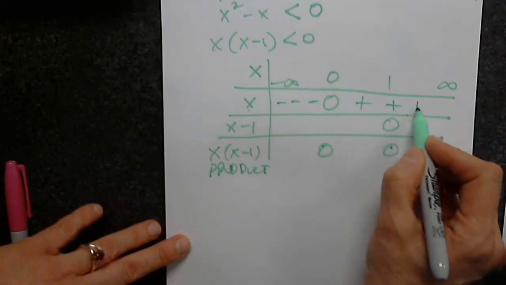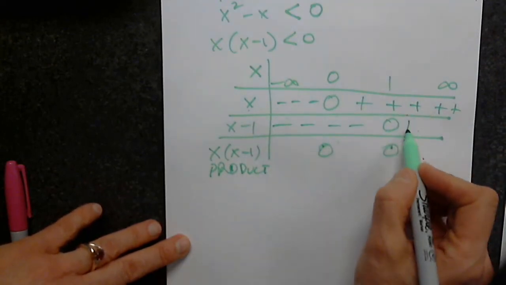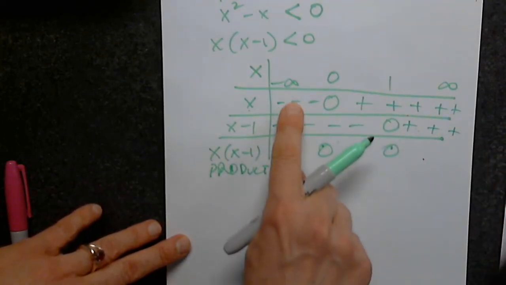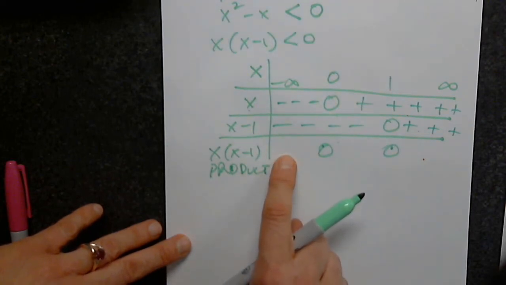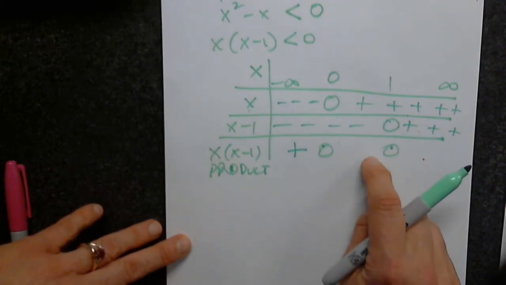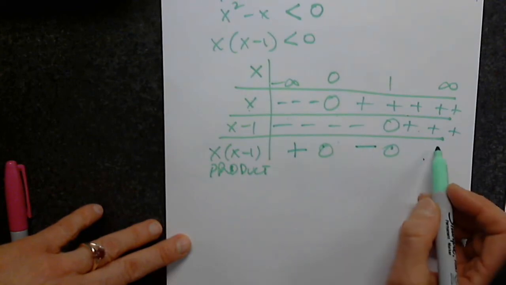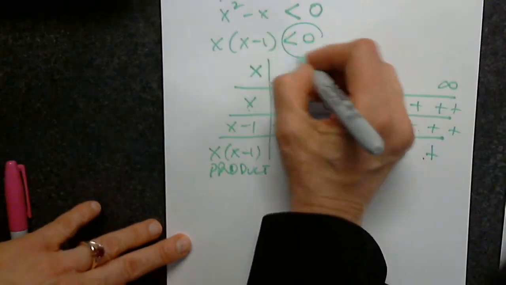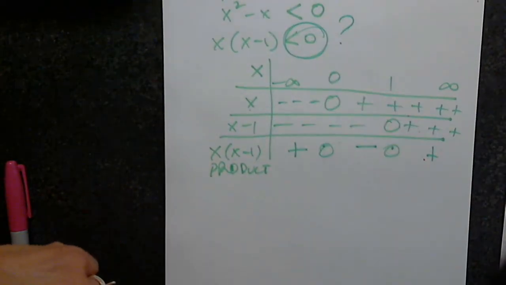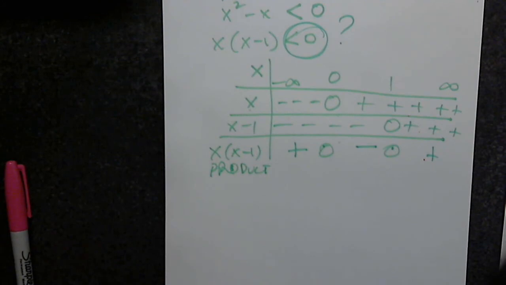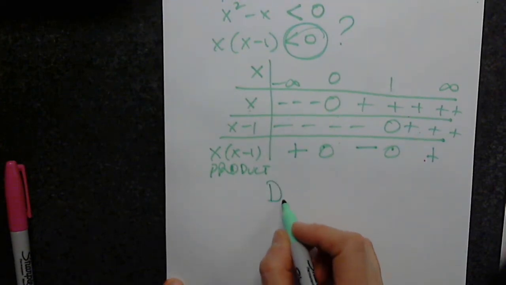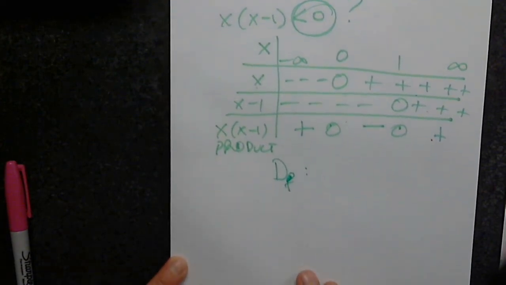Sign for the product, for the first, for the middle one, and for the last one. So what do I want? Less than 0. Yes, which means which sign? Exactly. So what is finally the domain of this function f? 0 and 1.